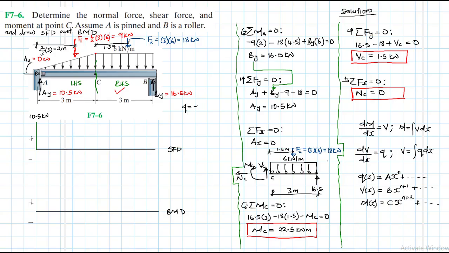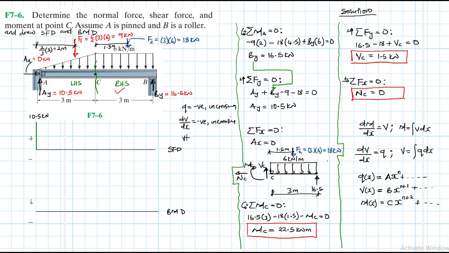And then from A to C, we have a distributed force, which is triangular, negative, and increasing. It is 0 at A, and then at C it is minus 6 kilonewtons per meter. Therefore, you expect the slope of our shear diagram, dV/dx, to also be negative and increasing.